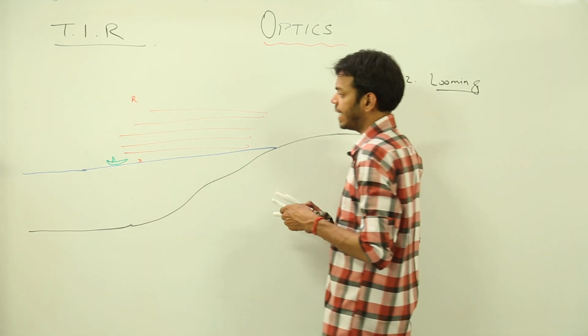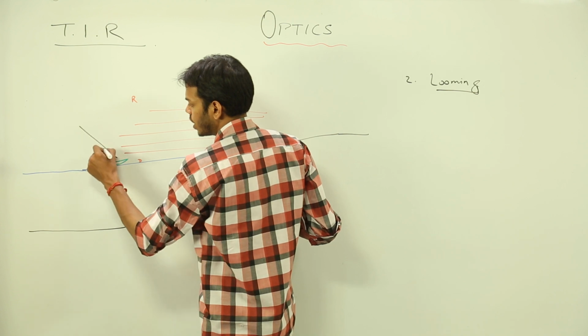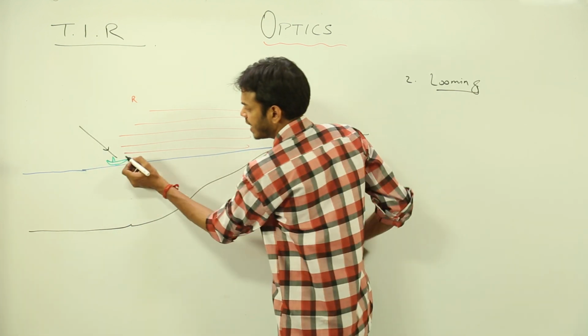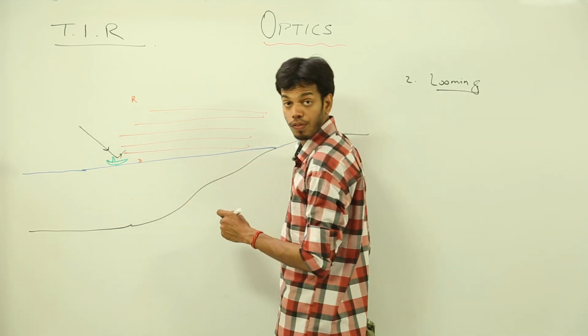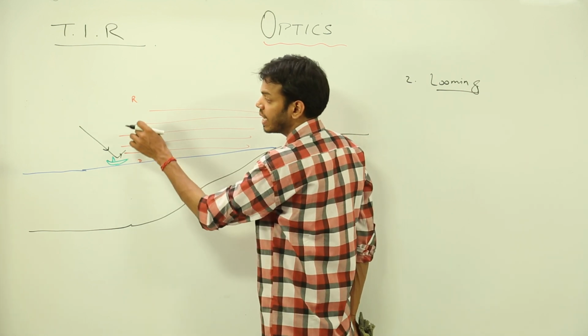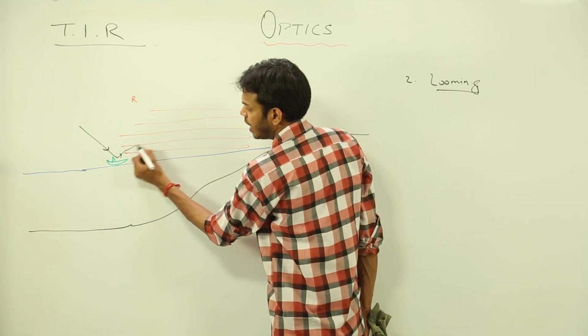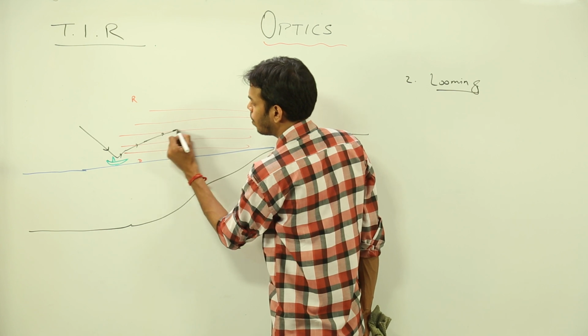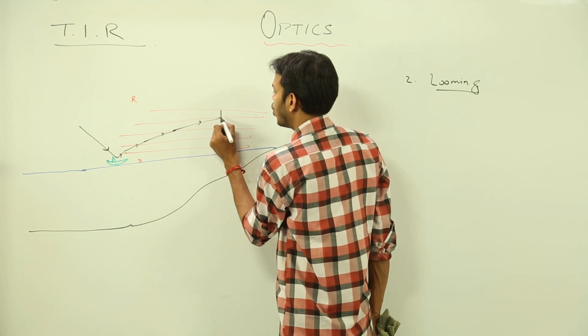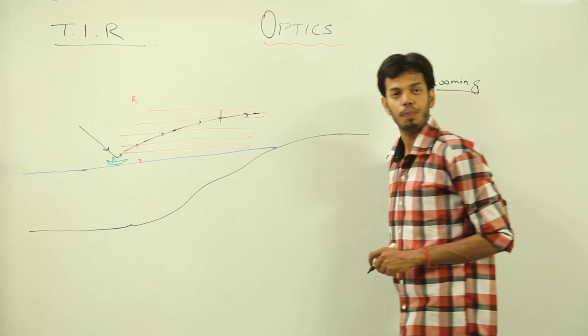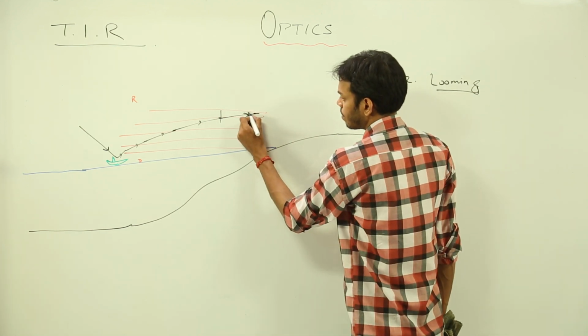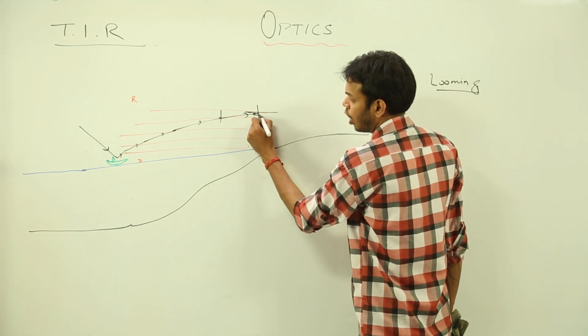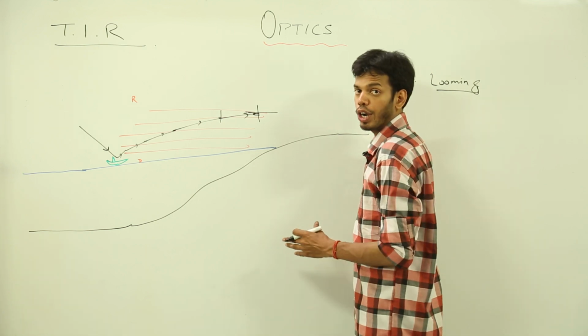So the ray of light which is incident on this boat gets reflected, but this time the ray of light is again traveling from denser to rarer, so it will keep on bending away from the normal, and this will keep on happening till the point where the angle of incidence, at what point?